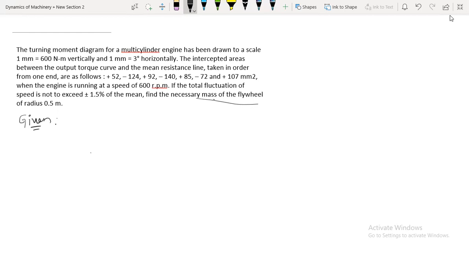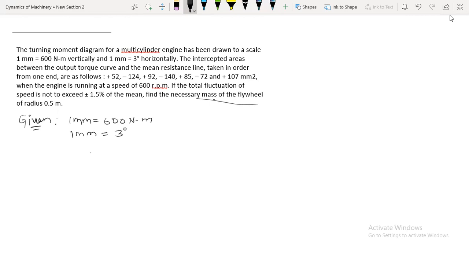For turning moment, the scale given is 1 mm equals 600 Newton meter, and for crank angle it is given as 1 mm equals 3 degrees. As we already discussed, this data is used for converting the maximum fluctuation of energy into the actual units of Newton meter. So we'll use this data there.